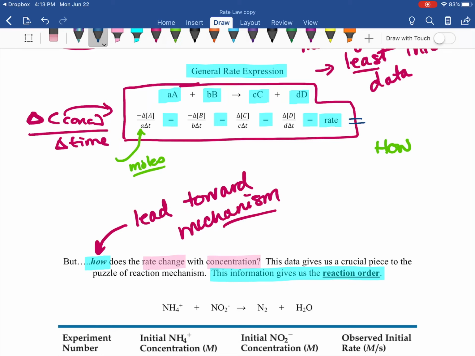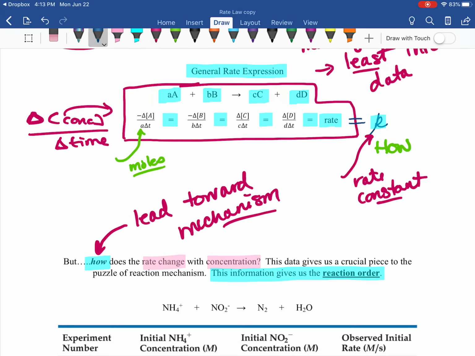So our rate law has typically a rate constant, that is a little k. We will use that in a couple of places this semester. That rate constant will be specific to each reaction, so I can't give you a number. We're going to have to solve for it. That is a constant for that reaction.